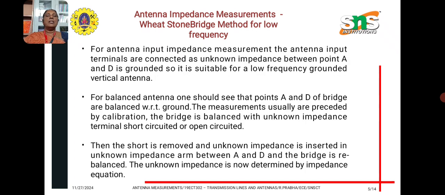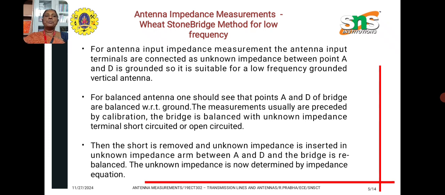And for antenna input impedance measurement, the antenna input terminals are connected as the unknown impedance between the points A and D, which is grounded, so it is suitable for a low frequency grounded vertical antenna. For a balanced antenna, one should see that the points A and D of the bridge are balanced with respect to ground.